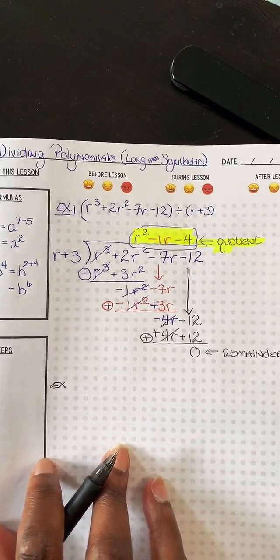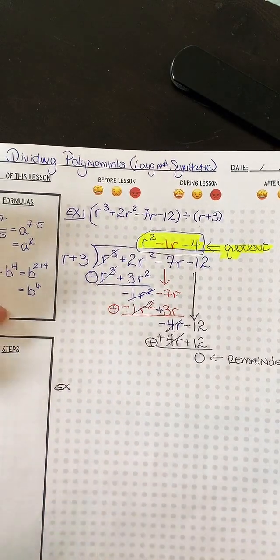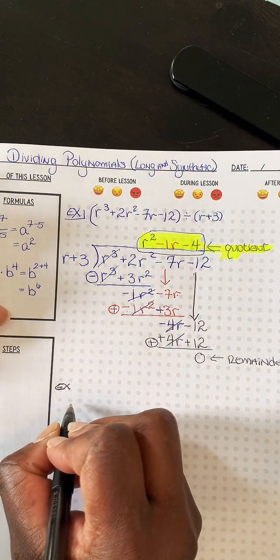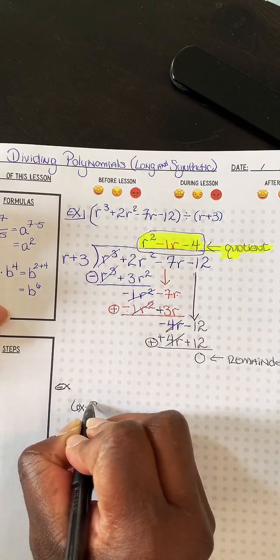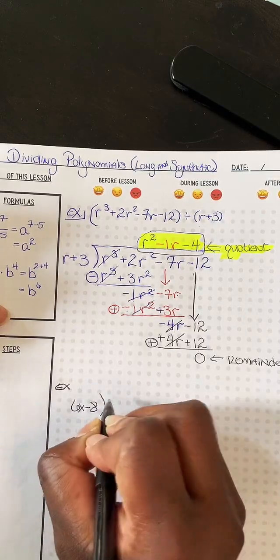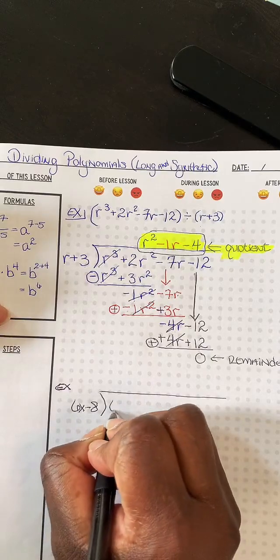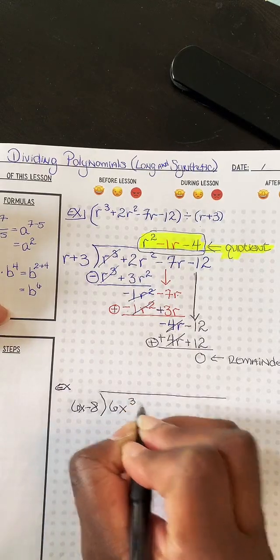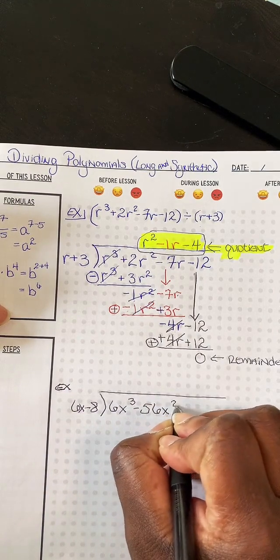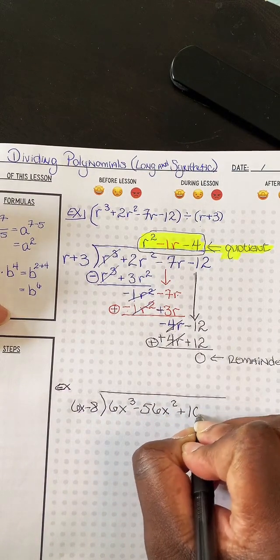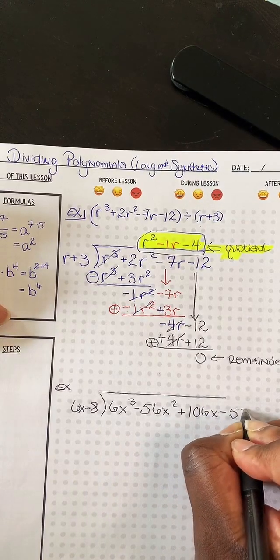Okay, so if I have another, now I'm going to make this a little bit busier. I'm going to say my divisor is going to be 6x minus 8, and my dividend is going to be 6x cubed minus 56x squared plus 106x minus 57.